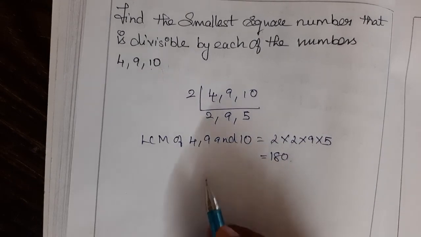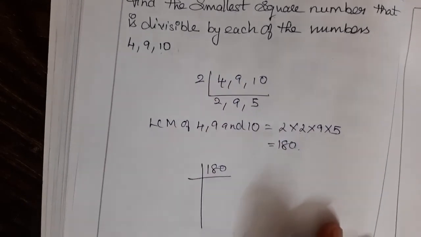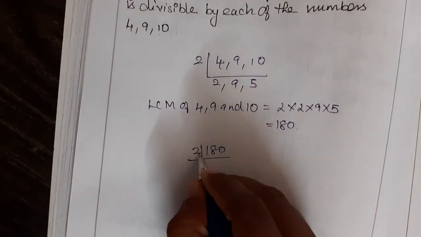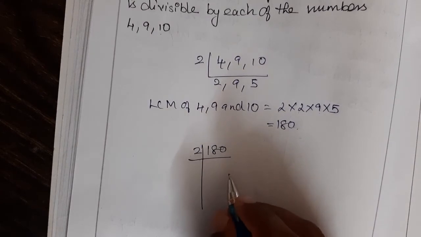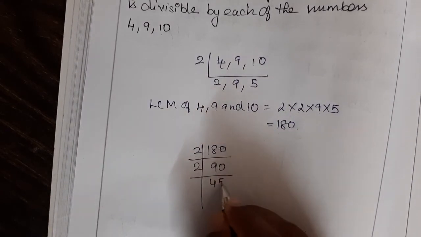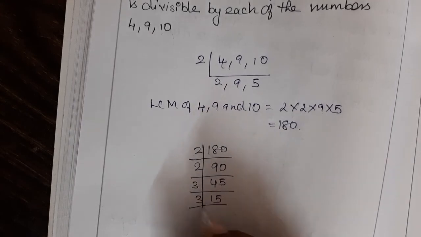No, right? But after finding the prime factorization, we can know what number we have to multiply to get the smallest square number, right? So 180 is 2 times 90, and 90 is 2 times 45. 45 is 3 times 15, and 15 is 3 times 5, which we already saw in this problem, and 5 times 1.